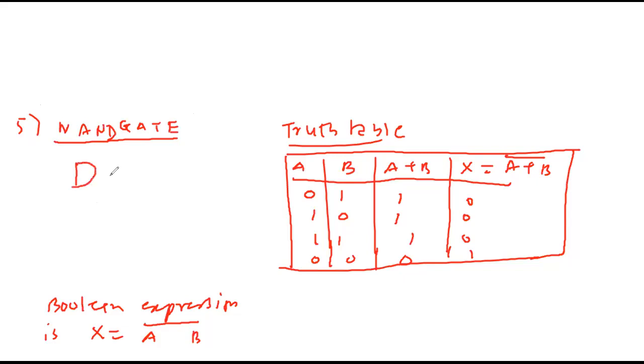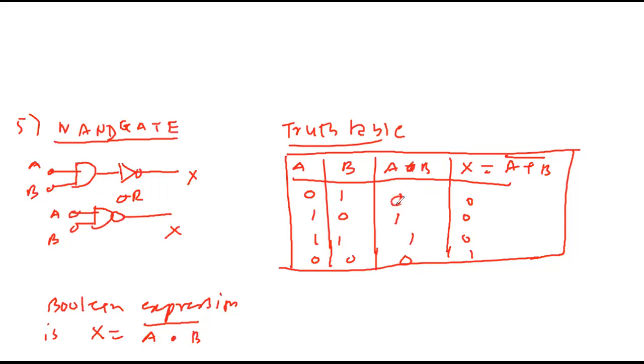It is an AND gate followed by NOT, or it is shown like this. This is X, A B, A B, X. The complement of A dot B.